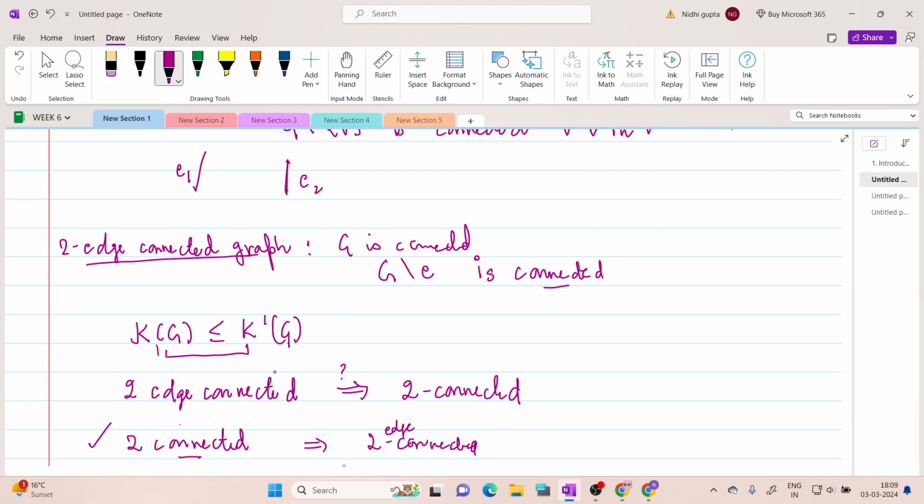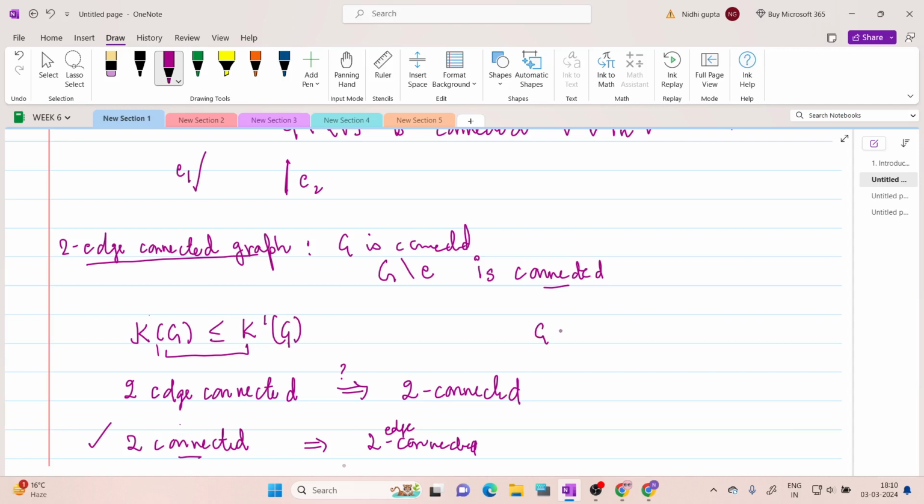Why, Anupam? Why are you saying that this is true? Because vertex connectivity has more weightage than edge connectivity. Yes, that is it, but if you want to give a proof using this inequality, how will you give it?